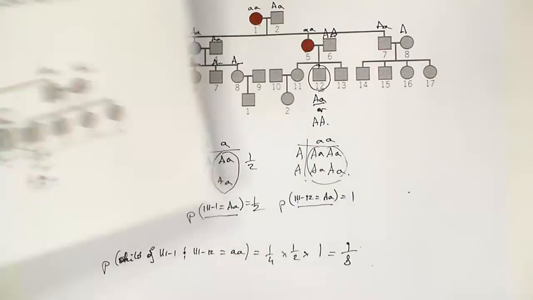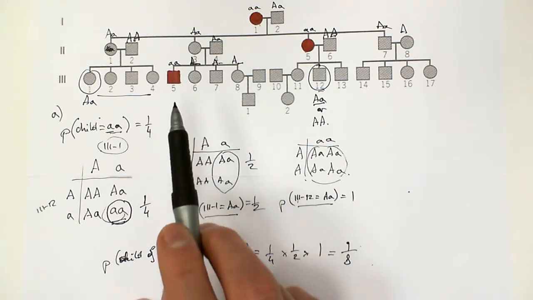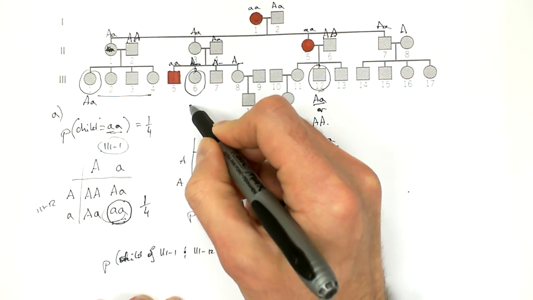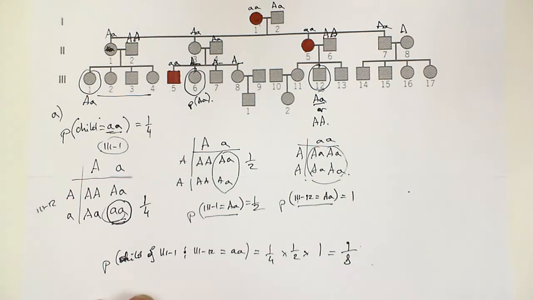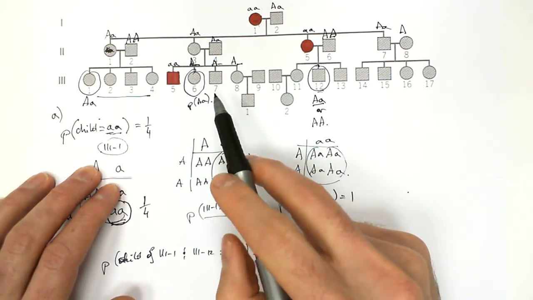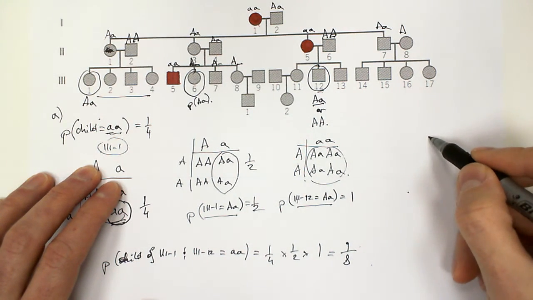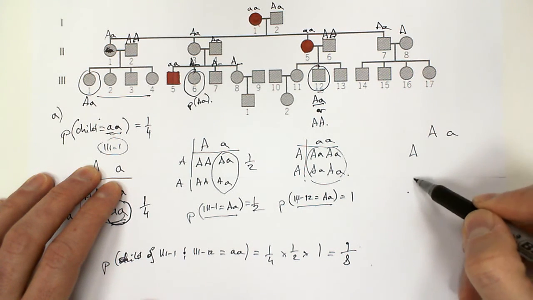Okay, so if we look at these two parents here, and again we're looking at individual number 6, we want to know what is the probability of them being big A, little a. Well, if this female's parents are both heterozygous, which is the case here, then mom would donate these potential alleles and dad would donate these alleles.